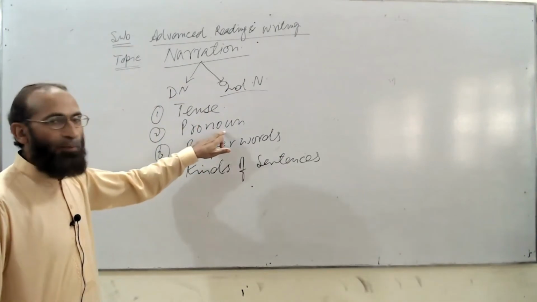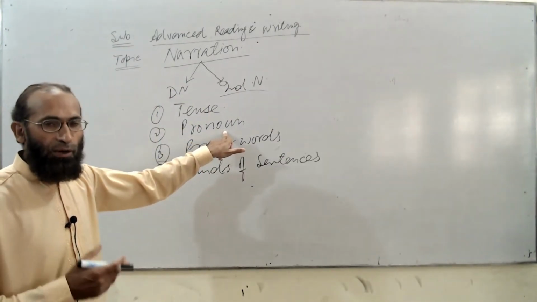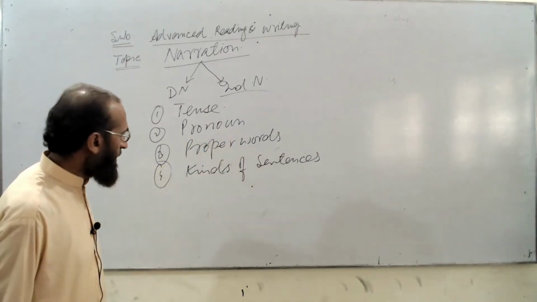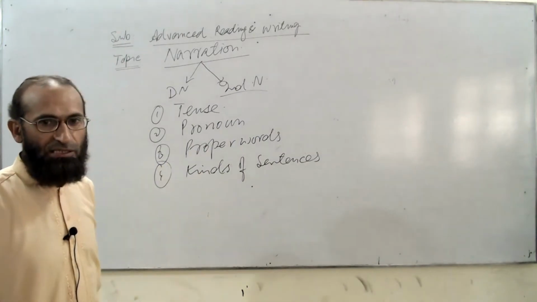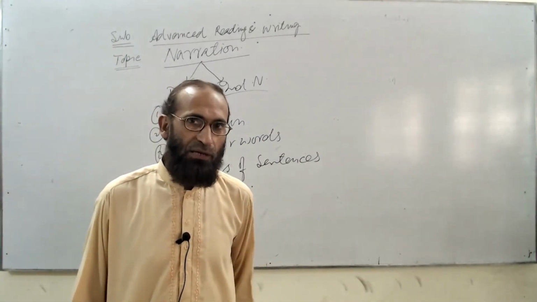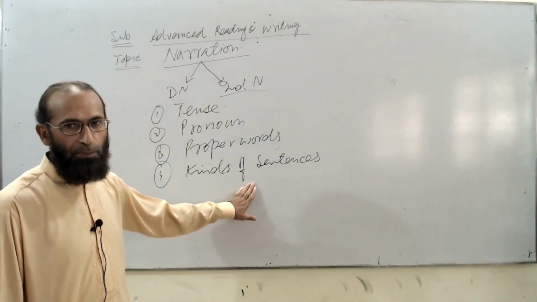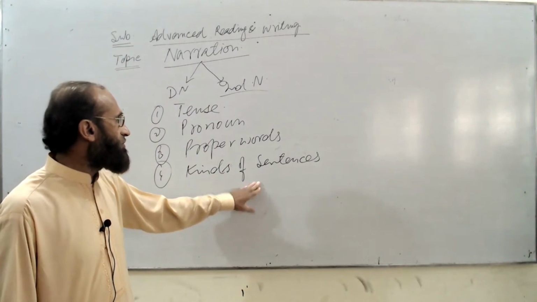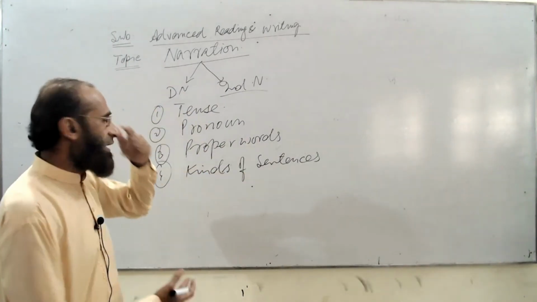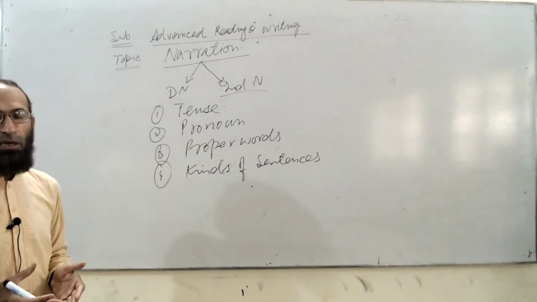In the same way, you should learn the table of pronouns, their subjective case, possessive case, and objective case. And kinds of sentences are also very important to express any kind of ideas. Without learning them, you won't be able to use them in indirect narration. So this was just the summary and the main important points.